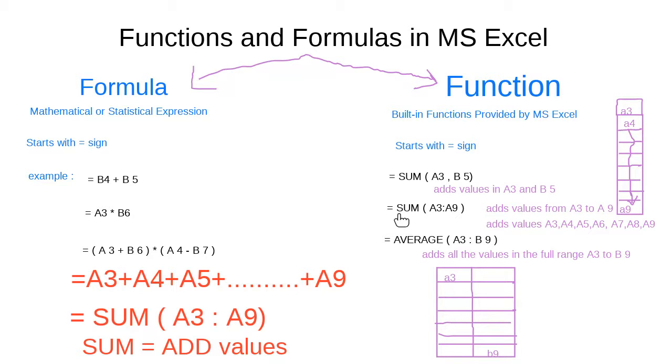If you use the function like this, equal sum A3 colon A9. Look at this picture. It adds the value in the whole array, the whole array from A3 to A9. Okay.